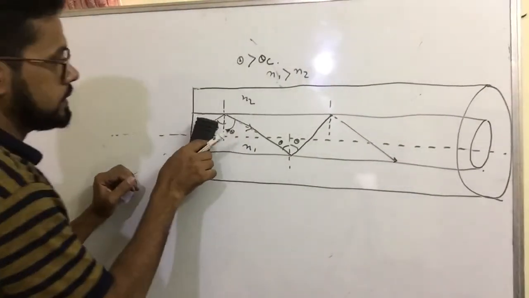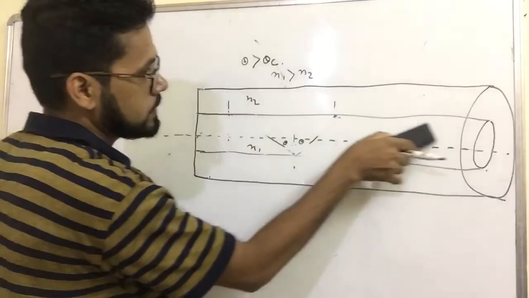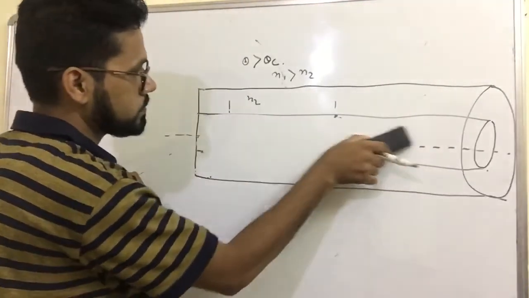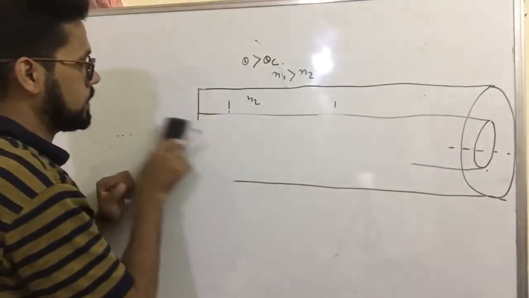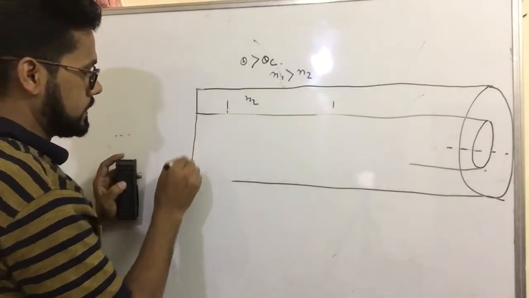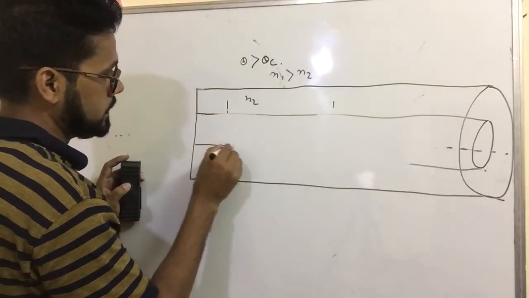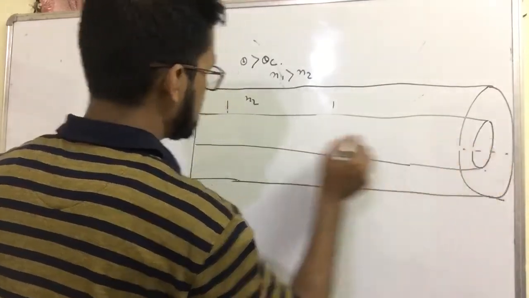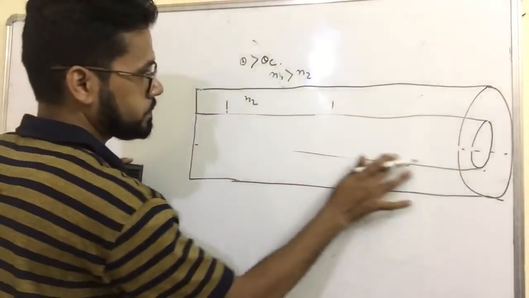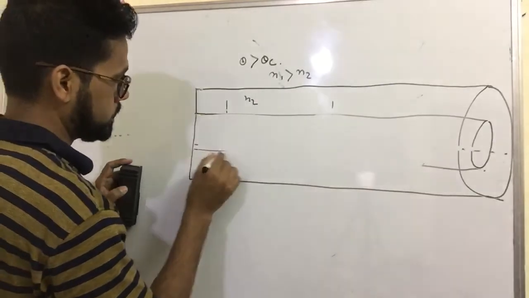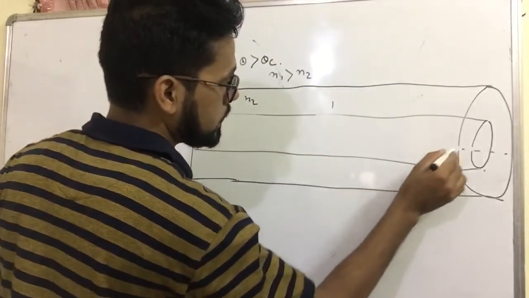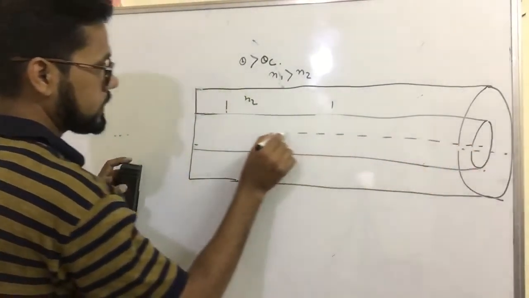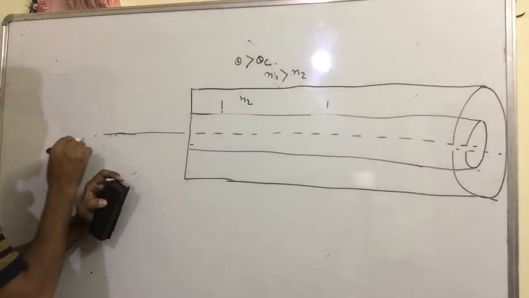Now what happened? I am removing this part again so that you can understand the diagram. And this I am putting here. This is this part, and this is the optical axis. This is the diagram. This is the coaxial axis. Okay.